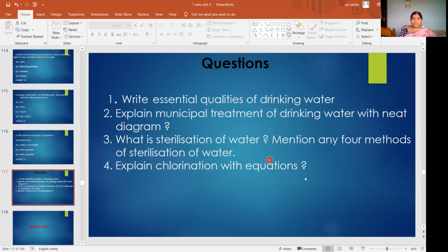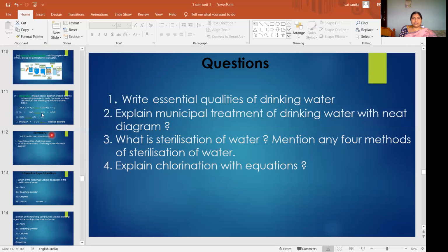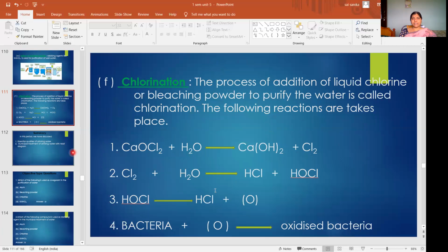Then the equations are very important. I already told you, you have to practice these equations. If you just read like this, you won't get them. You have to write them 4-5 times, then only you will get the equations.